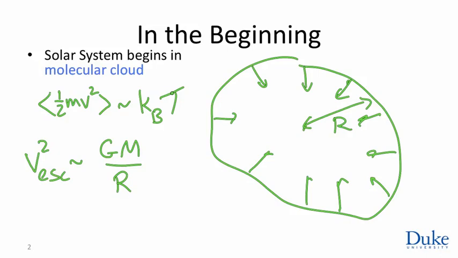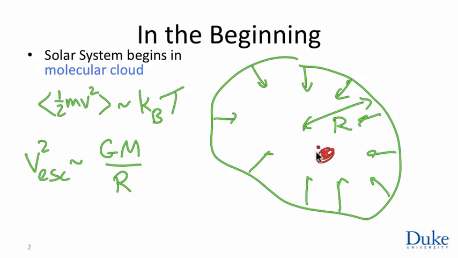There is still a problem with gravity, and this is a problem that is unique to gravity in contrast to other forces. And the problem that occurs with gravity is that imagine that through some reason, and we'll talk about it later, this region of the cloud becomes denser. If this region becomes a little bit denser than other regions, then of course the net gravitational attraction everywhere is slightly more directed towards this region of the cloud.